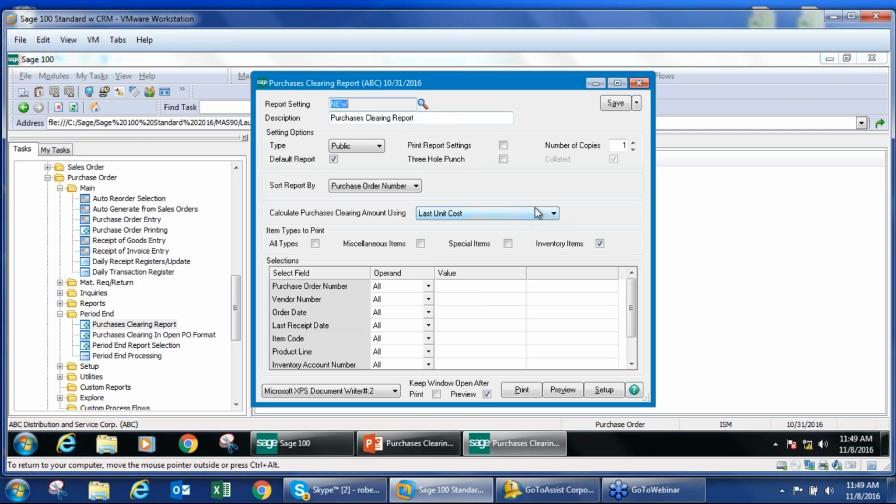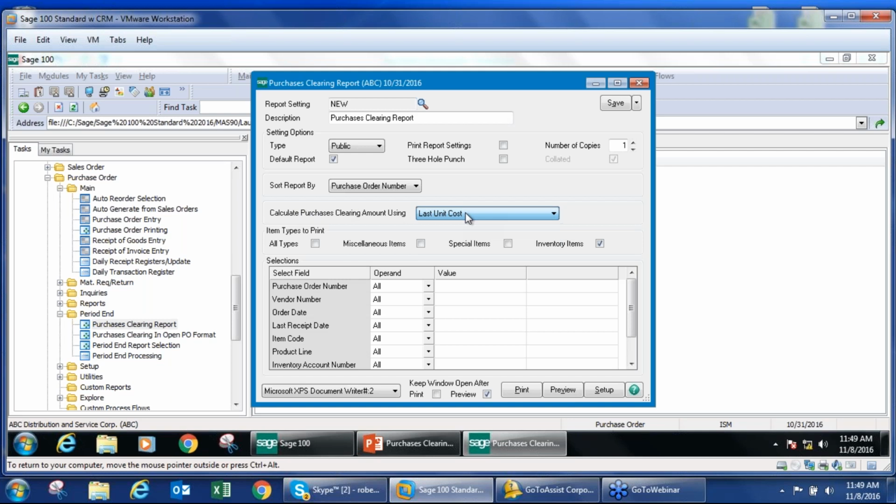Now, if you're in 2016, you have this feature in the middle that says calculate purchases clearing amount using last cost or net amount received. If you are not on 2016, then you do not have this very useful, very needed feature in reconciling or printing the purchases clearing report and reconciling.